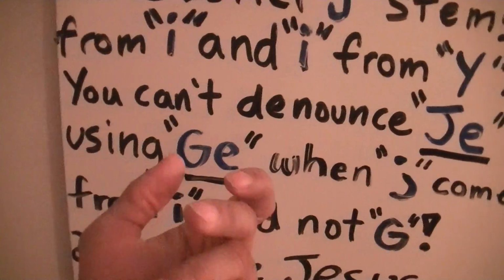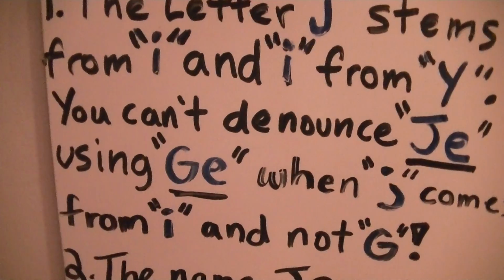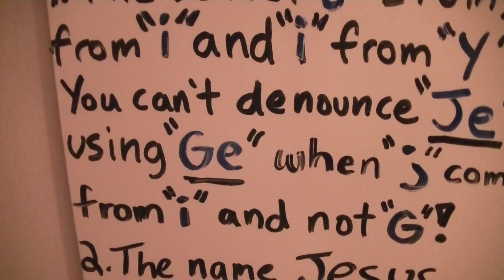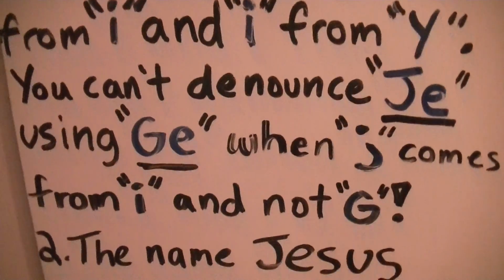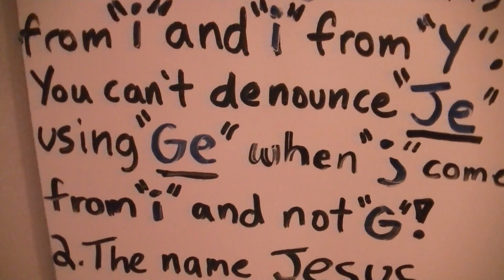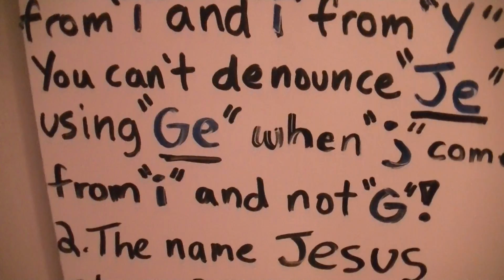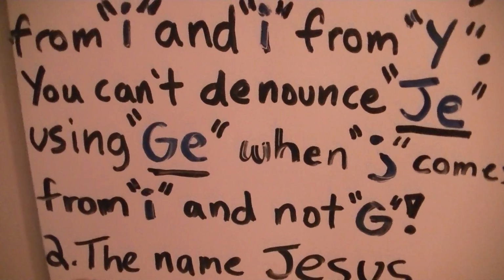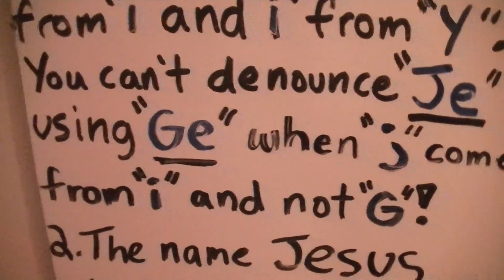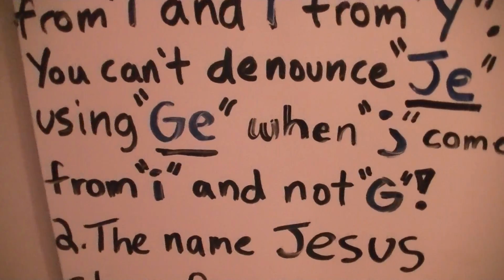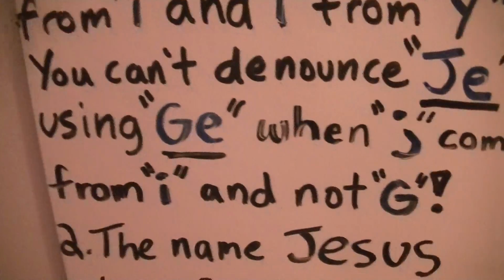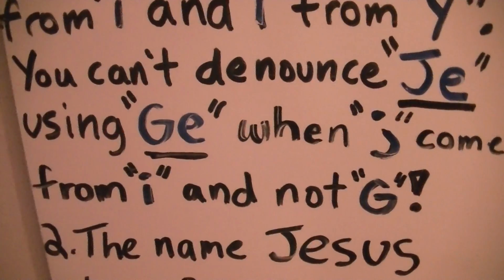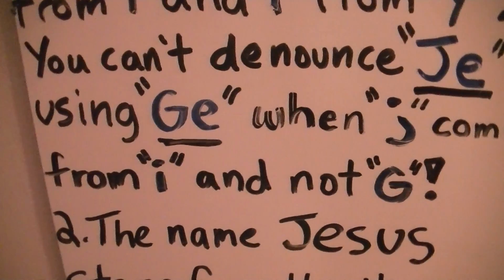How in the world is someone connecting this letter G? Now, I understand that from a basic lack of understanding, without knowledge, a G and a J are kind of similar in sound. So suggesting that the JE stems from the GE, I see how someone can suggest that, but we know the power of suggestion is what was done in the garden, and that's a tactic and a tool that the devil actually uses.